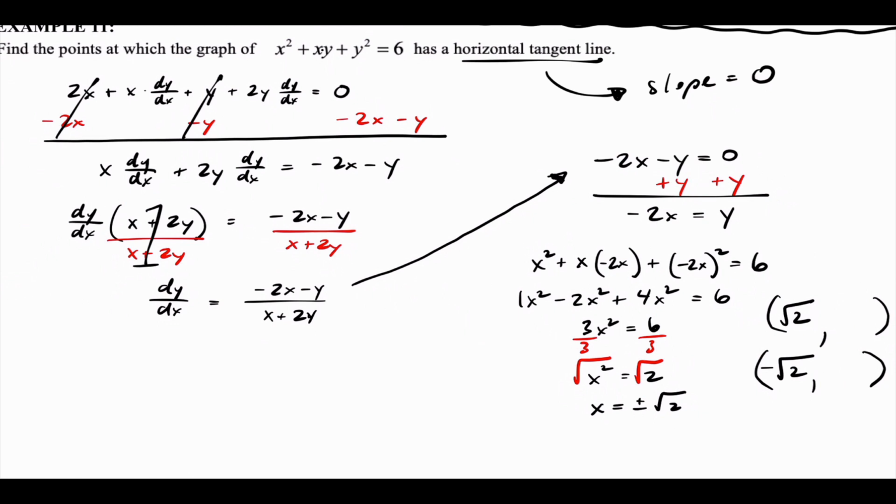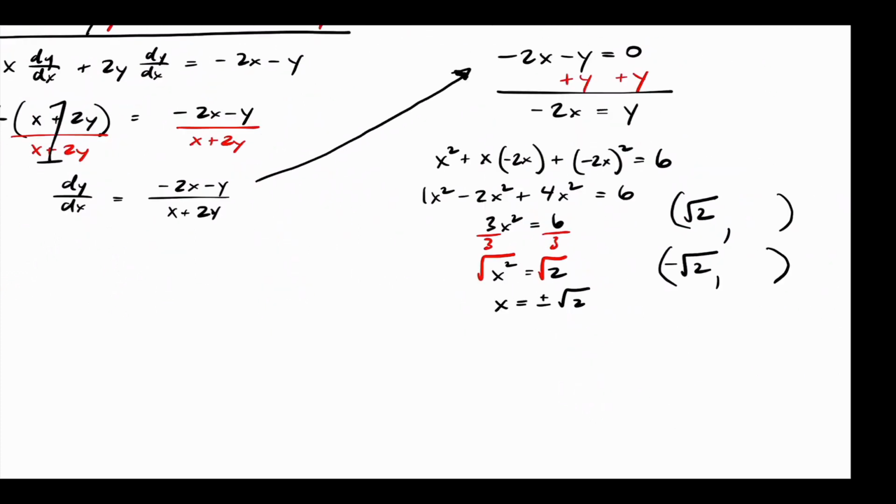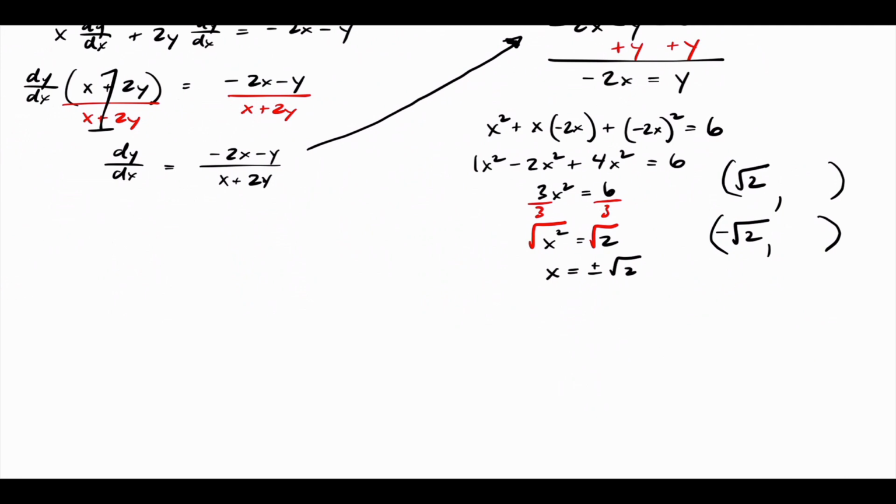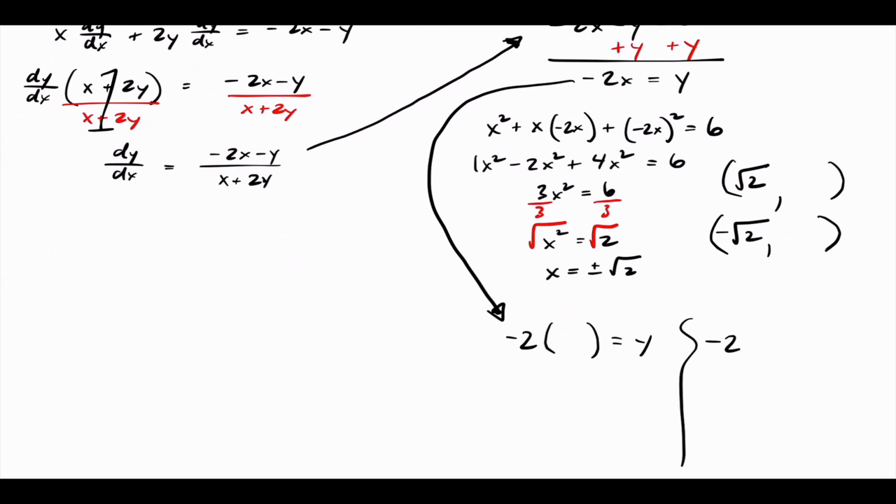Exactly. Plug it in to the derivative. Where is it true? Where does it make this part true? So I plug in for x, solve for y. Negative 2 parentheses equals y.